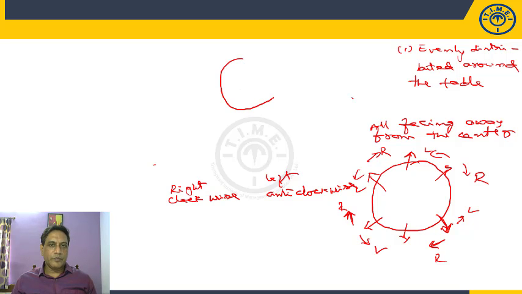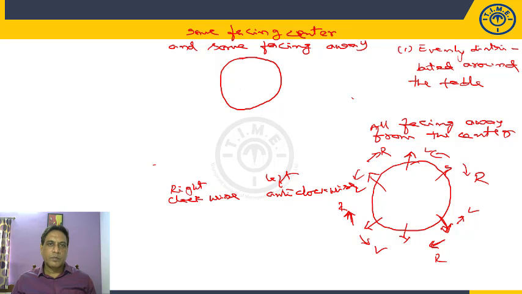When we do not know which direction that person is facing, some are facing the center and some facing away from the center. Okay. Now let me draw the circle again.